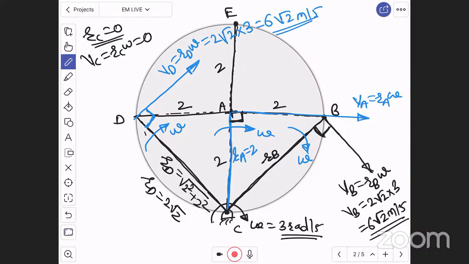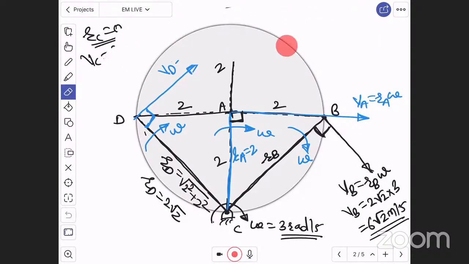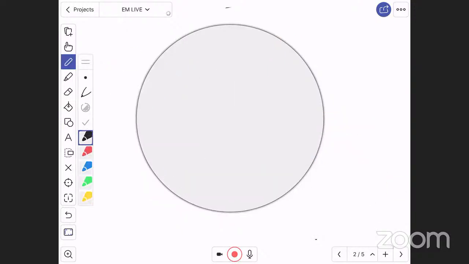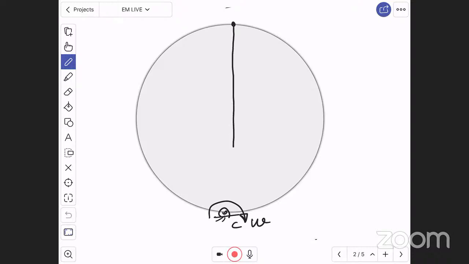Now let us go for point E. Here I am erasing everything. Here there is the C point, which is rotating clockwise with angular velocity omega, and E is the topmost point. Therefore, the distance between C and E will be R_E, which is nothing but 4. Look at the diagram, 2 plus 2.